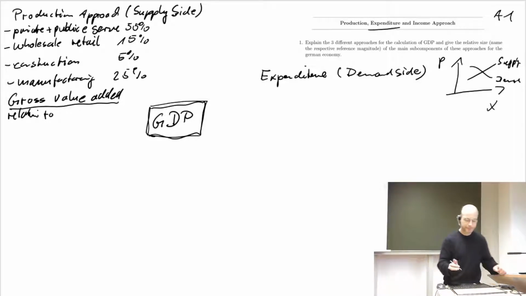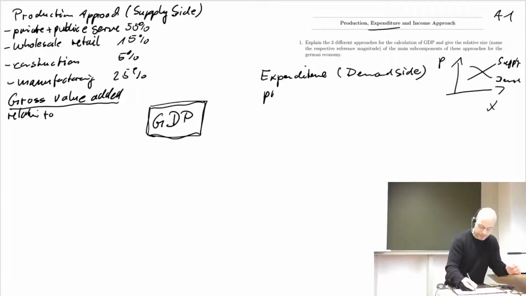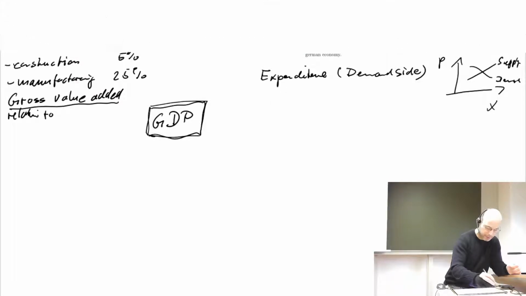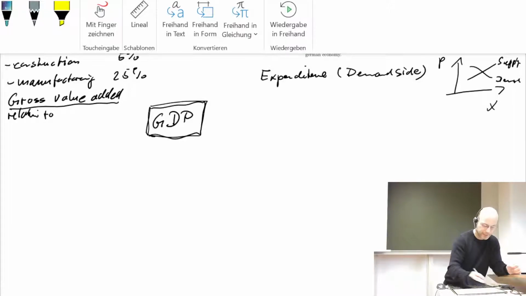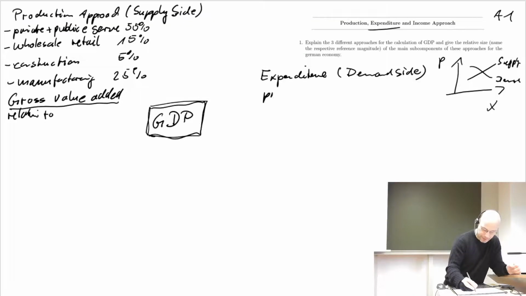And there we have to distinguish between private and government consumption. Yeah, hopefully I have made it. Okay. Private and government consumption.